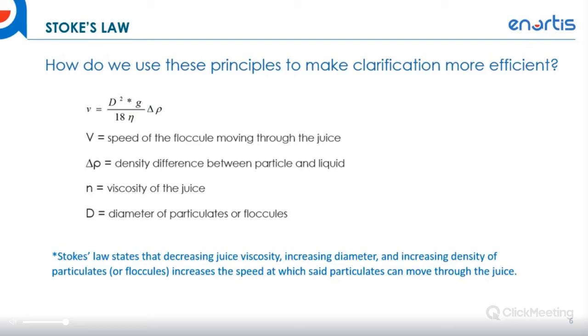The lower the viscosity of the juice, the quicker that floccule is going to move, and the larger the diameter of the particulate or floccule, the faster it will move through the liquid. So decreasing juice viscosity, increasing diameter, and increasing density of the particulates increases the speed at which the floccules move through the juice. These are things we can keep in mind when we're trying to think about how we can clarify juices more effectively.